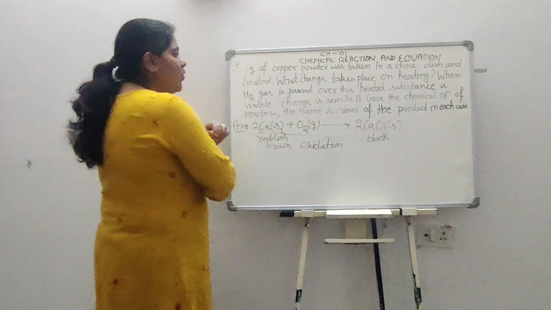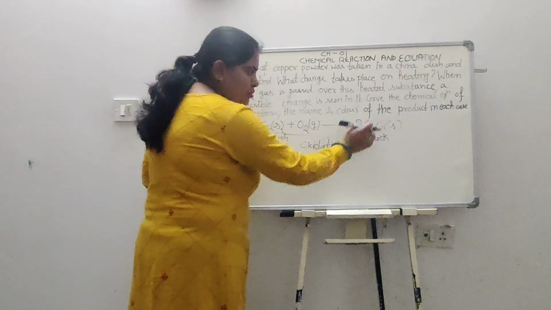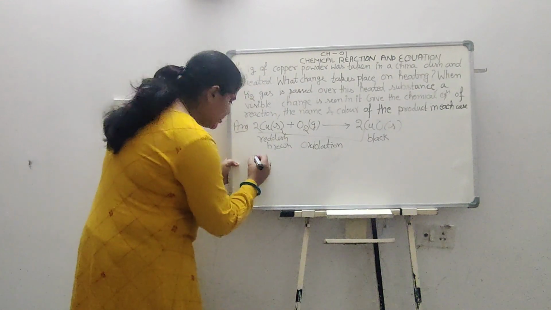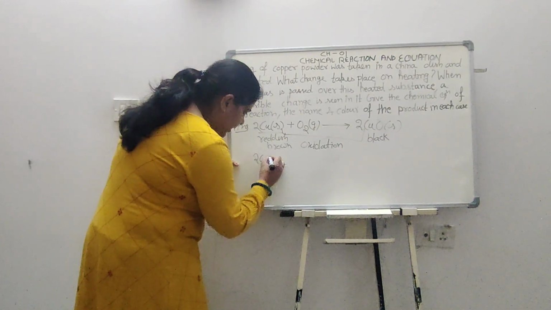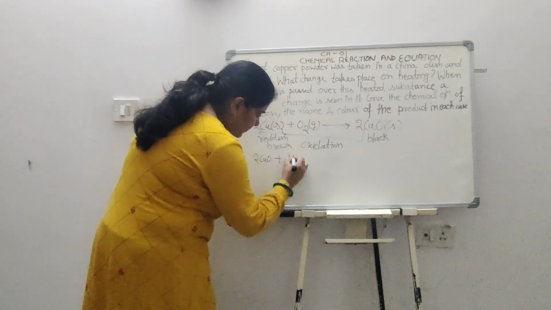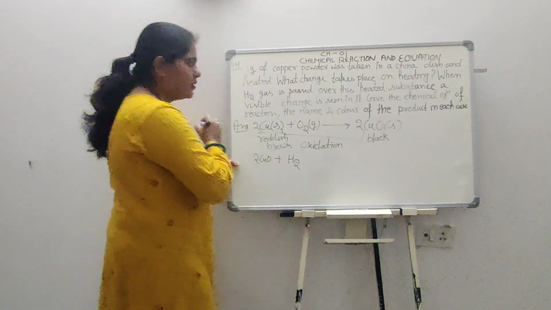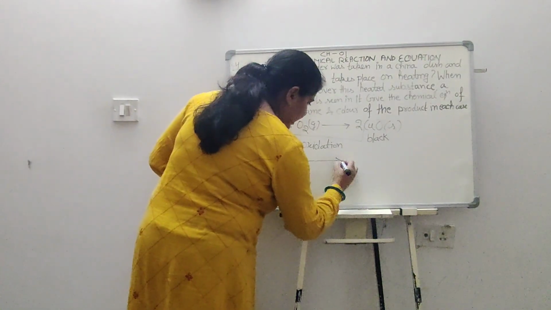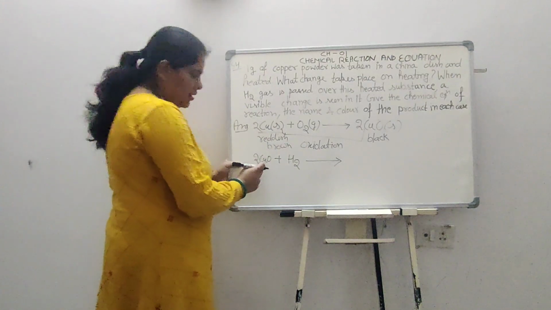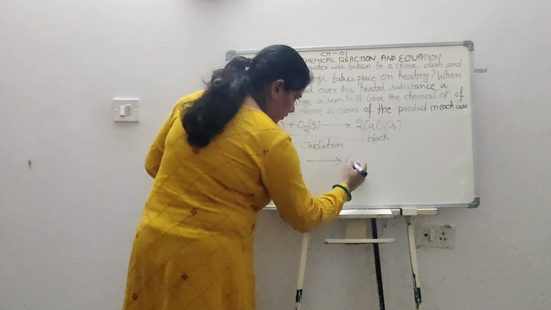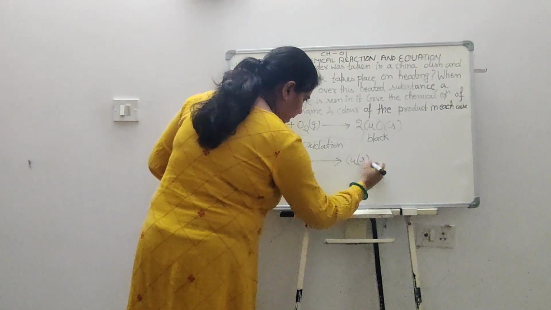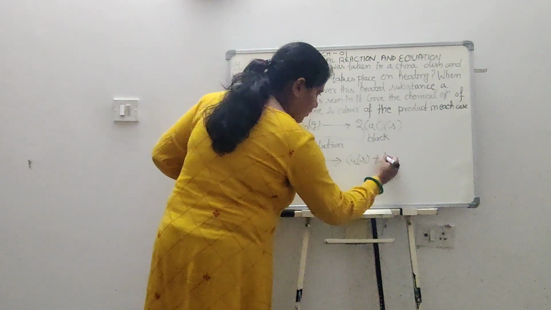If you pass hydrogen gas over this heated copper oxide, then reduction of copper oxide takes place and it forms copper, and water is formed.